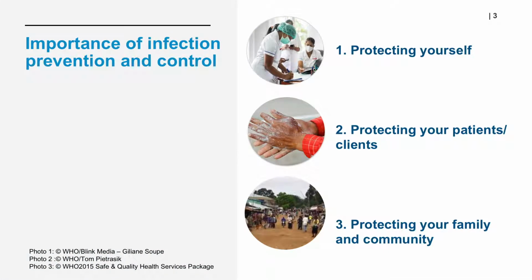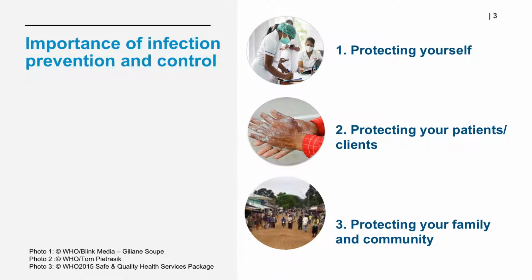Infection prevention and control is a scientific approach with practical solutions designed to prevent harm caused by infection to patients and health workers, and as we have seen in the context of COVID-19, it is also quite relevant in the community during a pandemic. It is grounded in infectious diseases, epidemiology, social science, and health system strengthening.